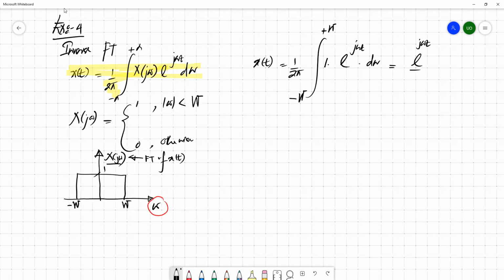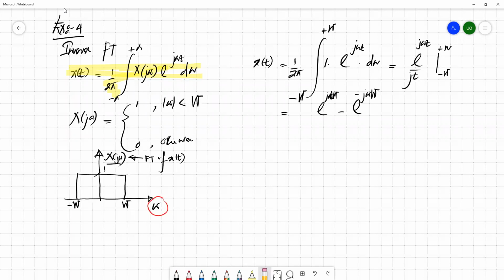We integrate with respect to omega, so you can treat jt as a constant, from minus W to plus W. This equals e to the power j omega W minus e to the power minus j omega W, sorry, tW.